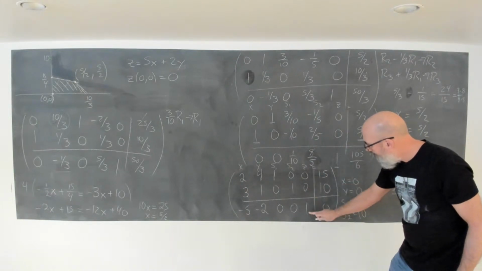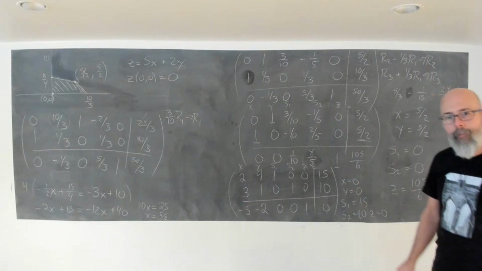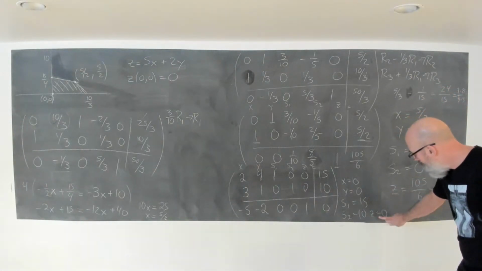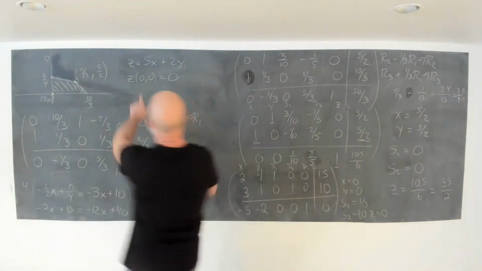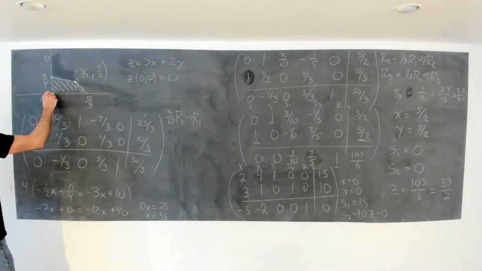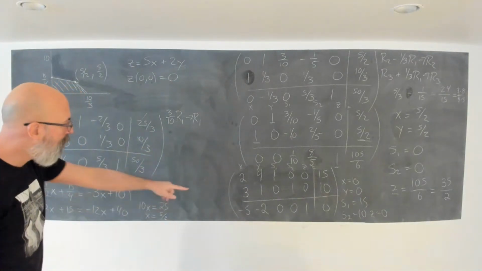Z has a leading one, Z is 0. What's happening? X is 0, Y is 0, so Z is 0. You're starting right here in your simplex tableau.